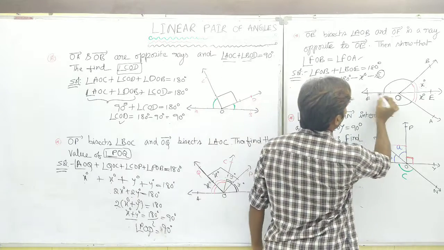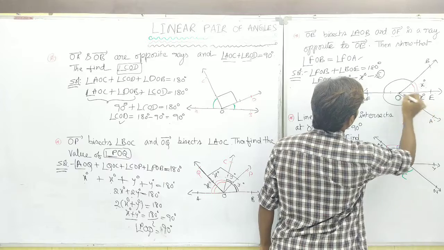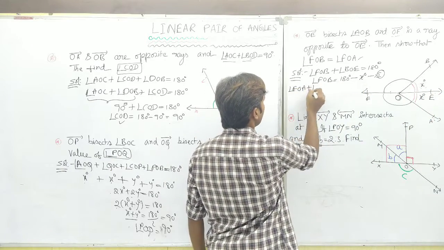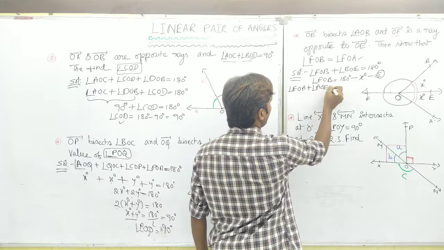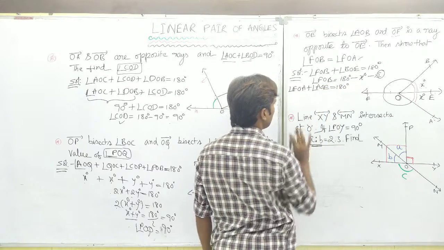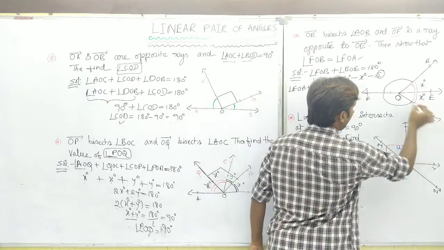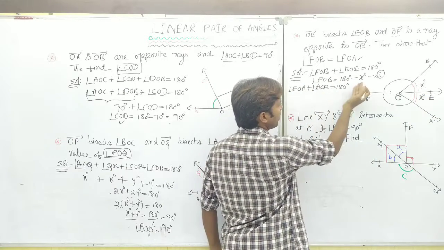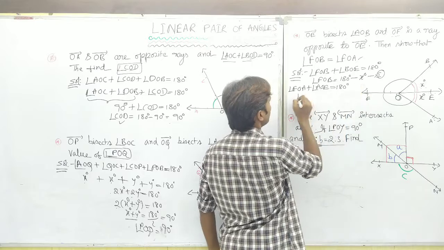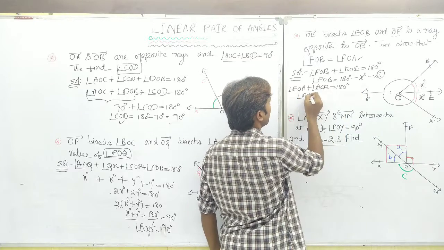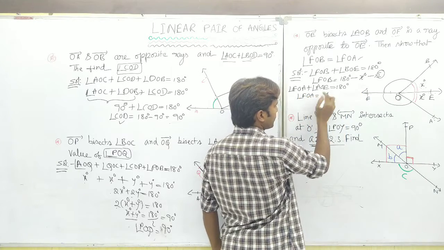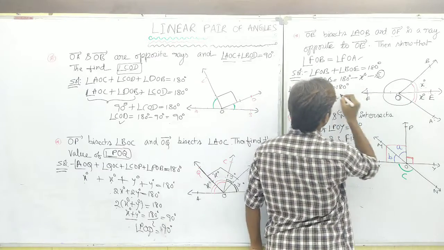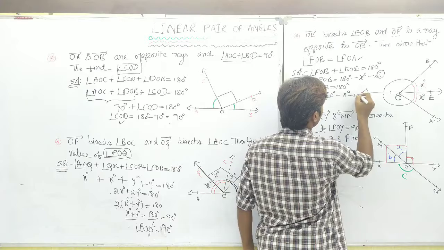Angle FOA plus angle AOE equal to 180 degrees. Now tell me again, what is angle AOE? Is it x degrees or not? We can put x degrees here and move it to the other side, then it becomes minus. So angle FOA equal to 180 degrees minus AOE, where AOE value is x degrees. So 180 minus x degrees. So this is condition 2.